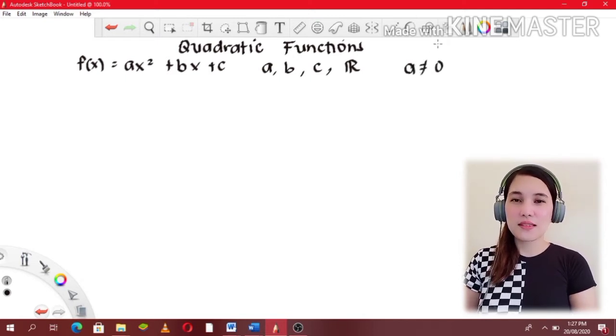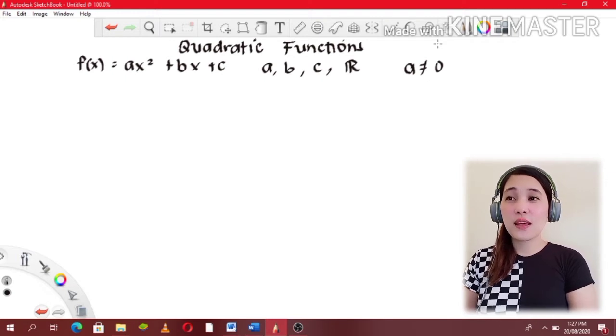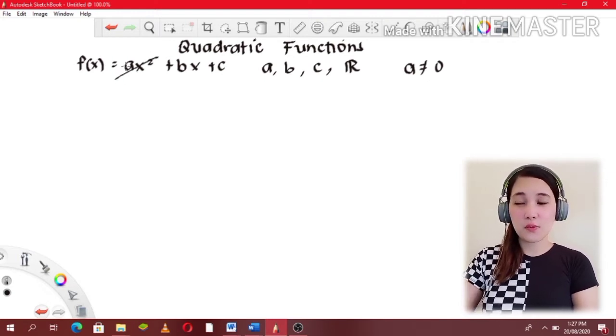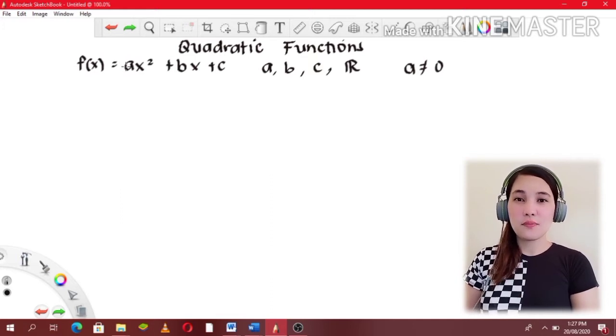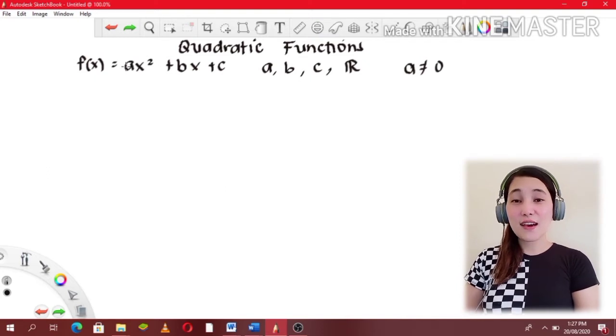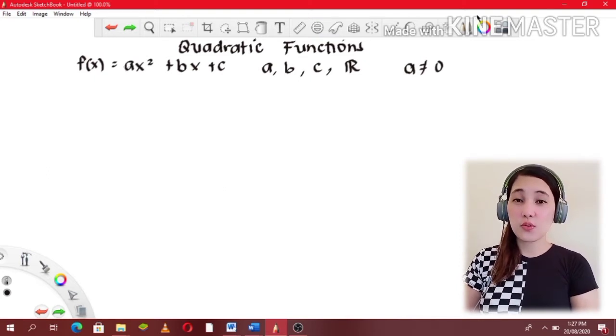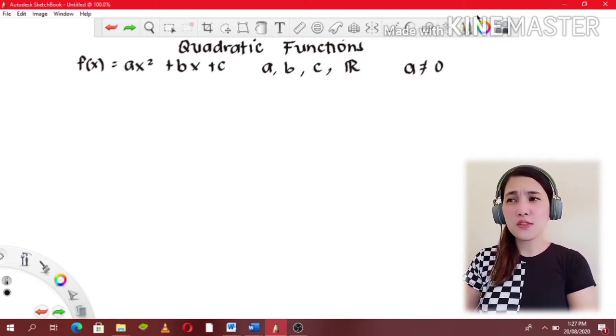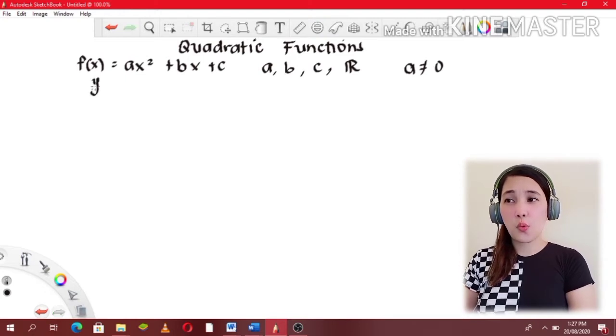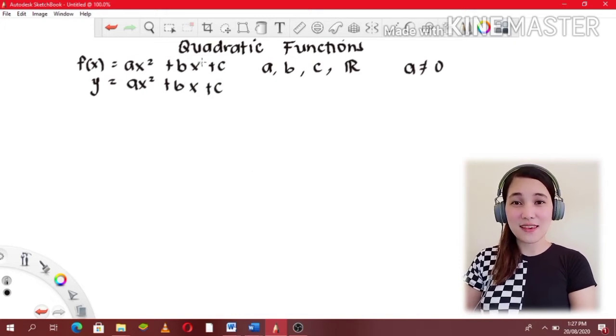Why? Because if a is equal to 0, this term will become equal to 0, and this will no longer be a quadratic function but a linear function instead. Aside from using f(x), we can also use y. So we can also have y = ax² + bx + c.